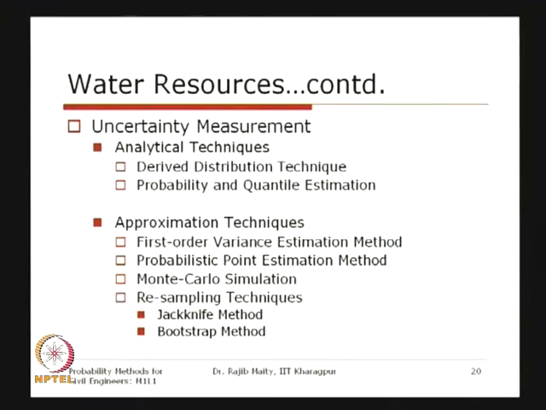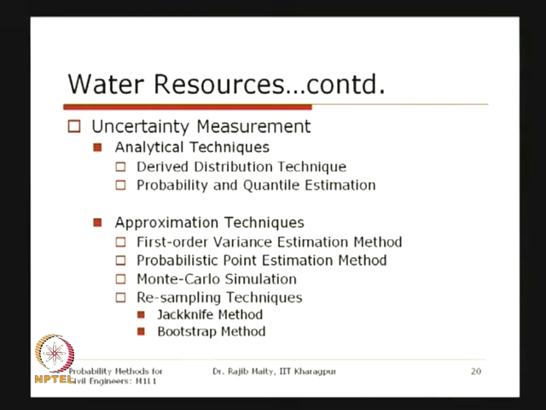There are other approximation techniques also available. The first is the first order variance method, and another is the probabilistic point estimation method. In this probabilistic point estimation method, I generally give a particular piece of information.